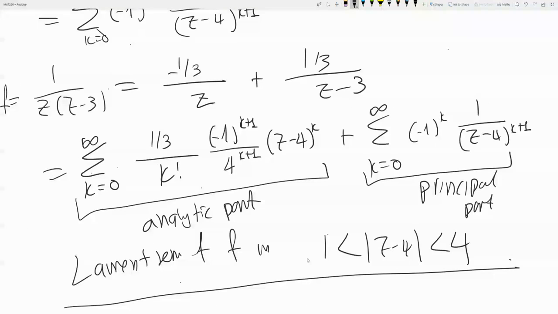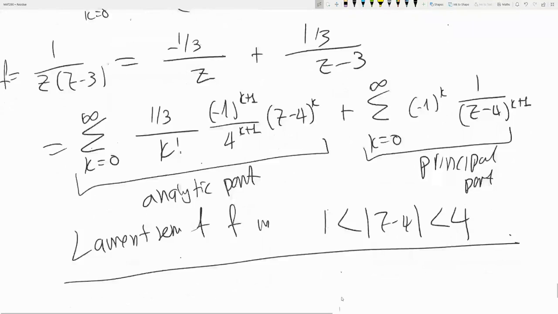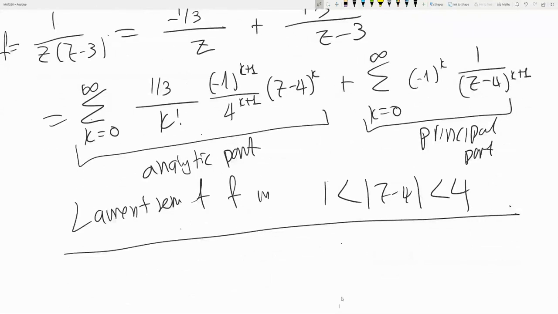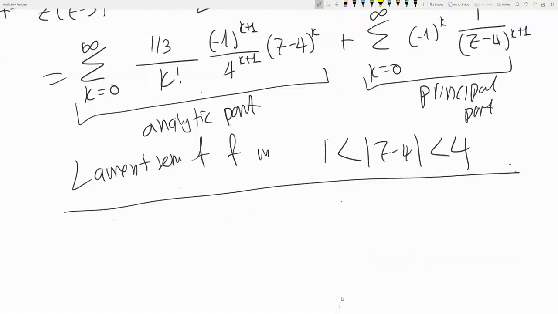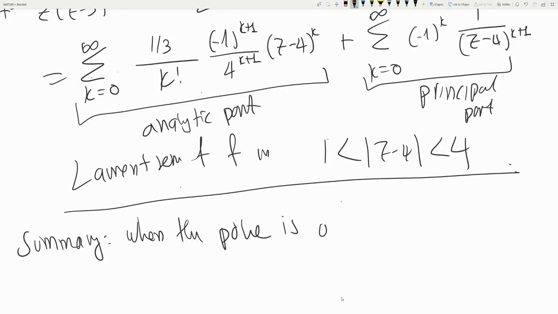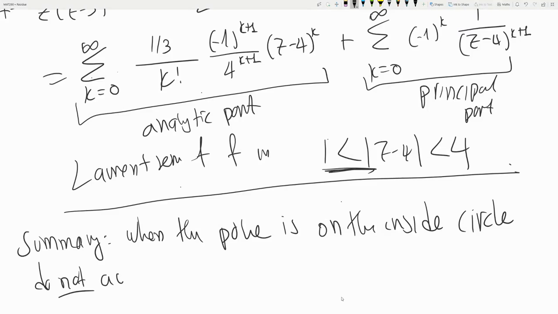Okay, so in this case, just go with the geometric series. Do not use the Cauchy integral formula. So, in summary, when the pole is inside the contour, on the inside circle, like in this case, do not apply the Cauchy integral formula for derivatives.